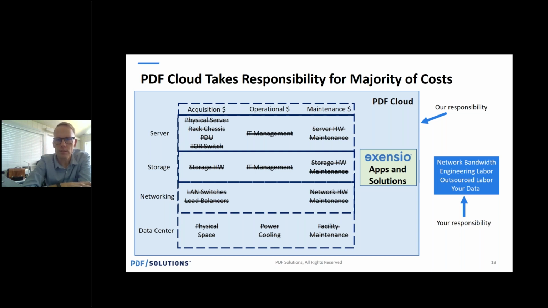This example is just a high-level list of all the costs associated with a traditional on-prem data center deployment. Customers who move to the PDF cloud are able to enjoy a turnkey environment for engineering that can be brought up quickly. Again, so you can focus your time on essential engineering tasks, and letting PDF manage all aspects of the system for you.